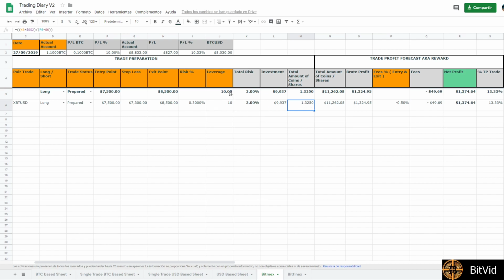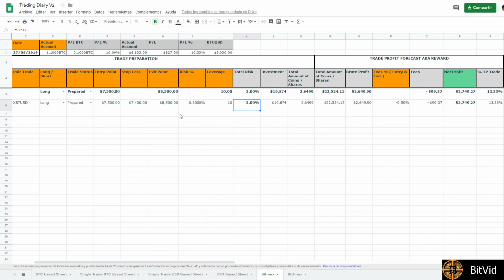Why? Because we will always keep the 3% risk of our account. So this is very important. At least for me, it's the difference between win and lose. So let's follow with the example. The total risk is at 3%. This is the maximum risk I would take in a trade.